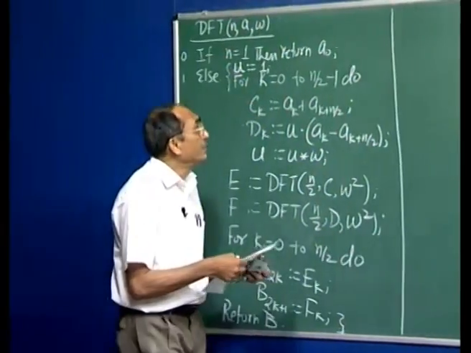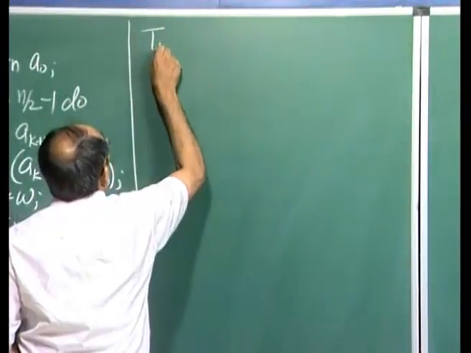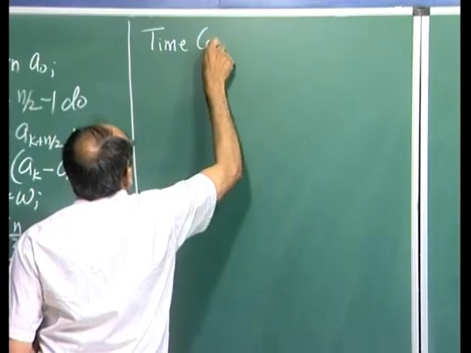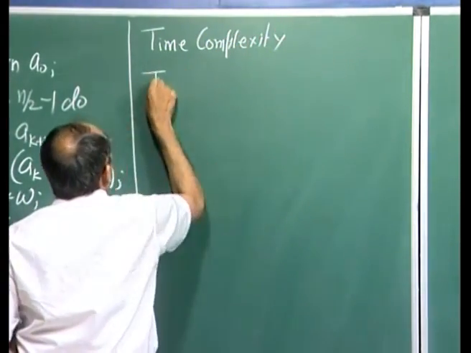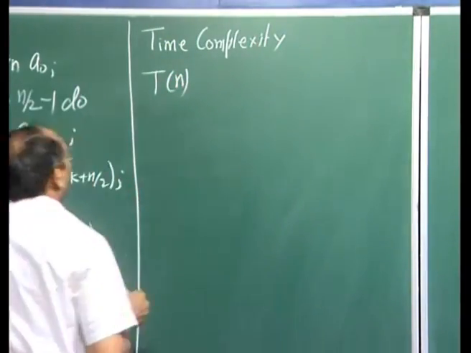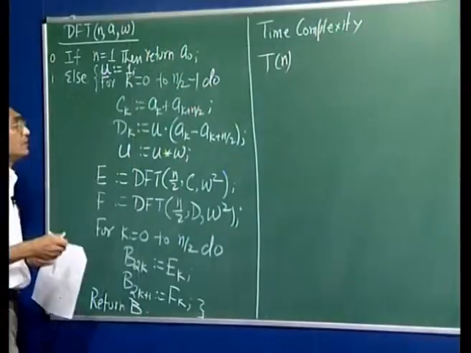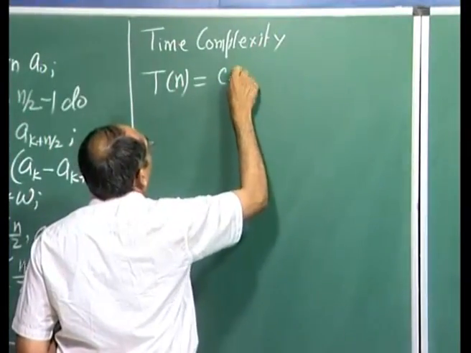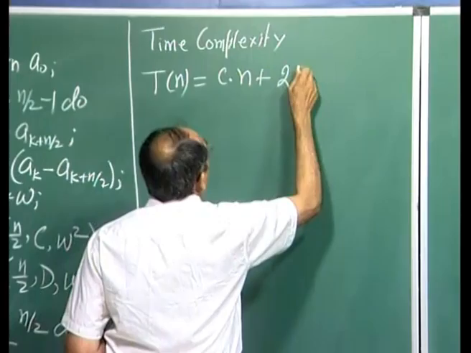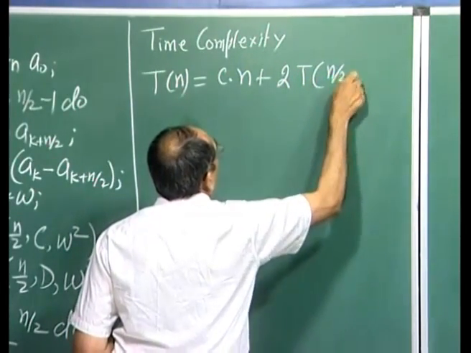So what we have is time complexity of computing an n component Fourier transform is some C times n plus 2 transforms of size n by 2.